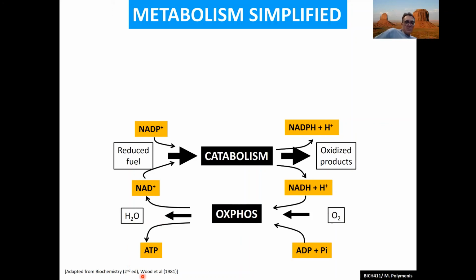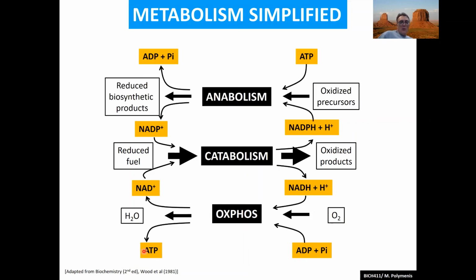So now we made ATP. Well, is that all? What do we use it for? We can use it for anabolism. In this case, we need energy, which comes from ATP, which we just saw how we got. And we have some oxidized precursors, some small things. And we use the electrons that are now on NADPH to drive biosynthesis.